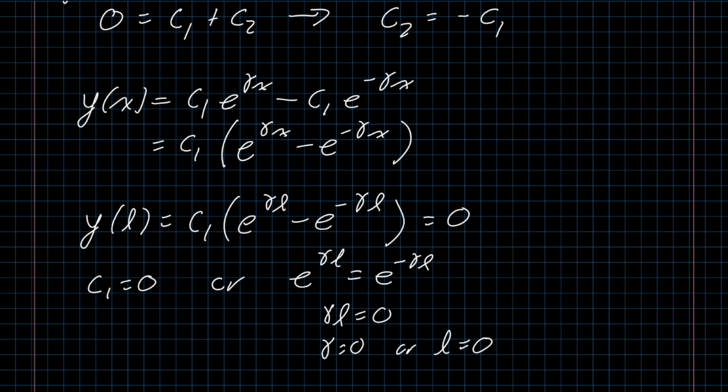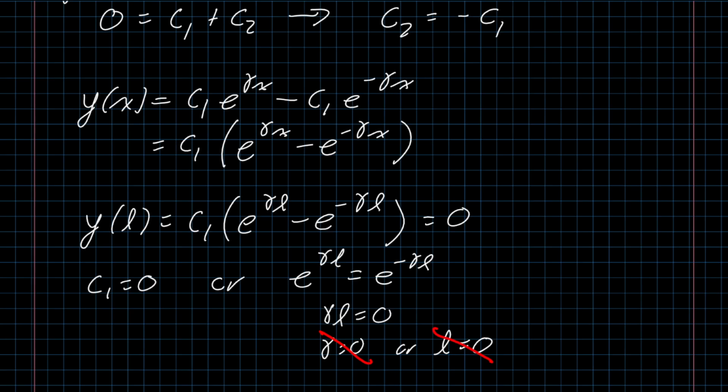and then we also know that, well, gamma can't be equal to 0, because if gamma was equal to 0, remember lambda is negative gamma squared, and we said that lambda has to be less than 0. We already looked at the case where lambda is equal to 0, we've thrown it out. So if gamma is equal to 0, we have a problem.